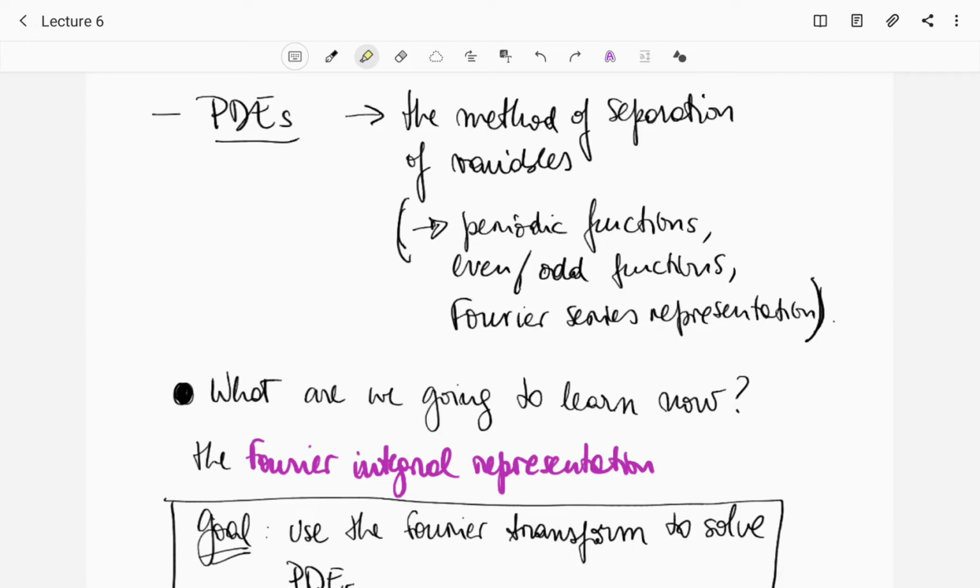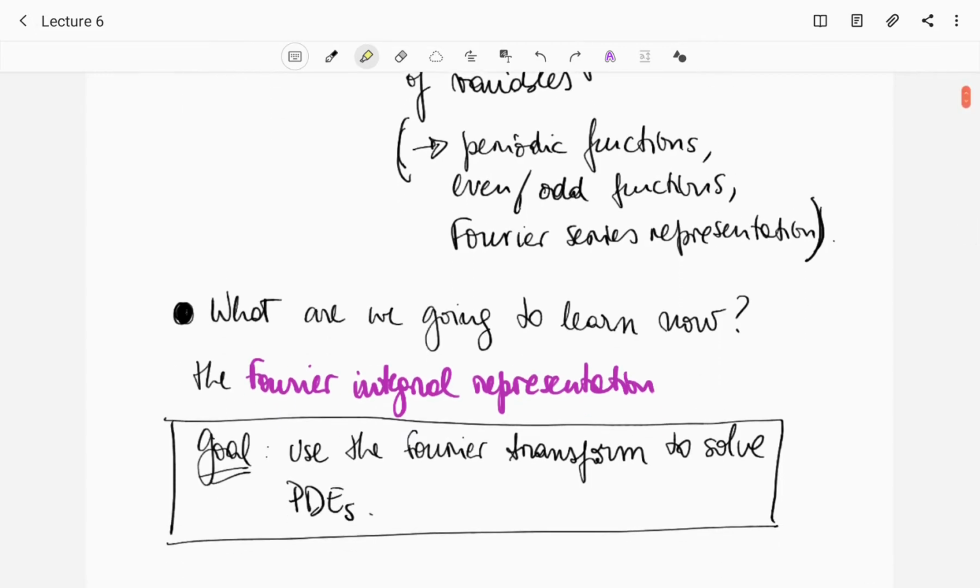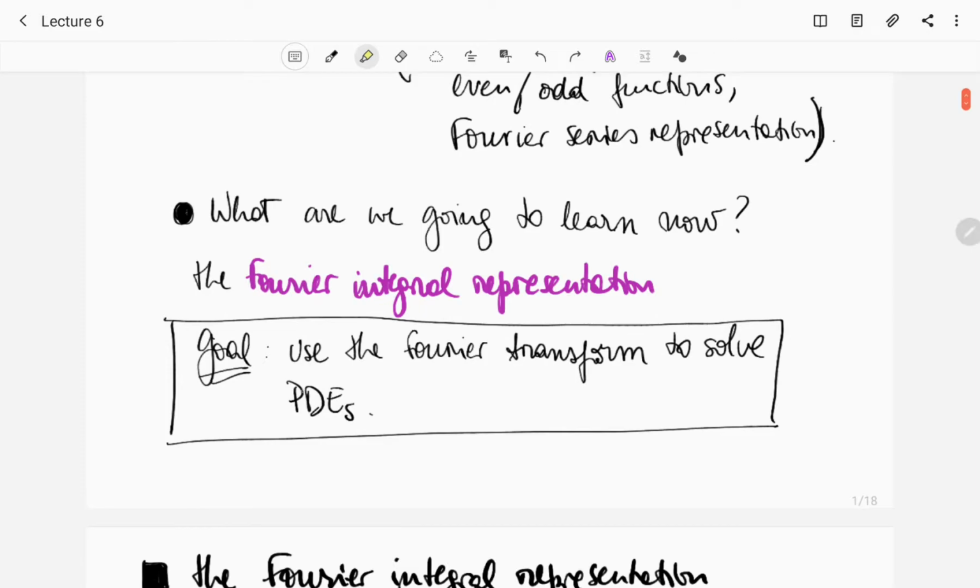Sorry, in this lecture we are not going to see the method itself. We are going to introduce the Fourier integral representation, which is the main ingredient of this method. Okay, so taking in mind that our intention is to use this Fourier transform, which is another word that we will see in the next lecture, to solve partial differential equations.